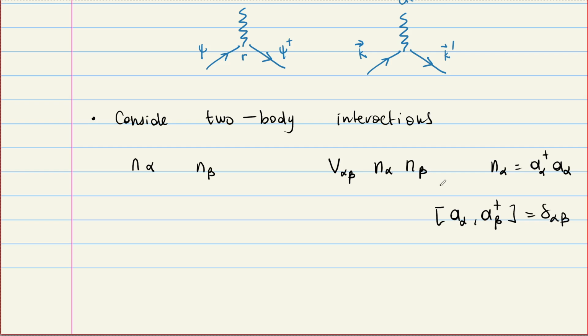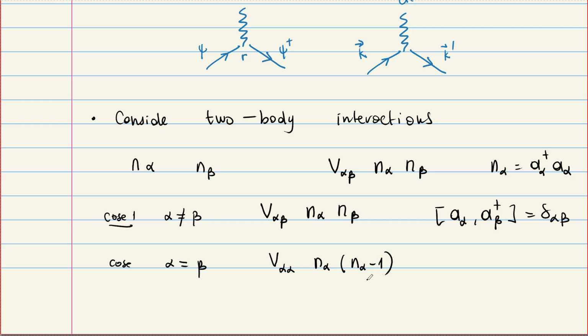But here I have to be careful, right? So this alpha and beta can be the same or different. So let's consider these cases separately. Case 1, if alpha is not equal to beta, there is nothing to be concerned about. This is exactly what I wrote. But case 2, if alpha is equal to beta, what I need to do is, I have this V_alpha alpha, I can have n_alpha particles interacting with the remaining particles, and the remaining particles are n_alpha minus 1, right?